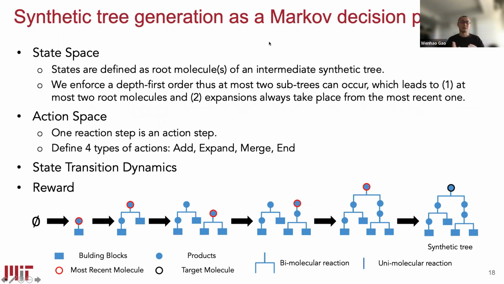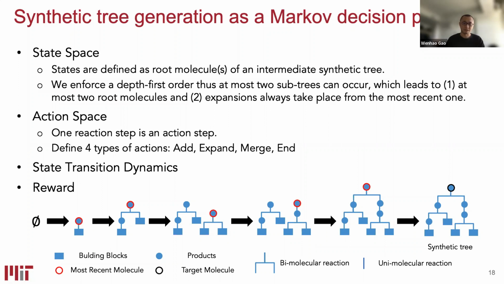To improve on that, we formulate the generation of synthesis trees as a Markov decision process. To explicitly use the intermediate product structure, we define the state as the root molecules of the intermediate trees. As long as we obtain that intermediate, how we obtained it doesn't affect the further planning, so it exhibits a Markov property.